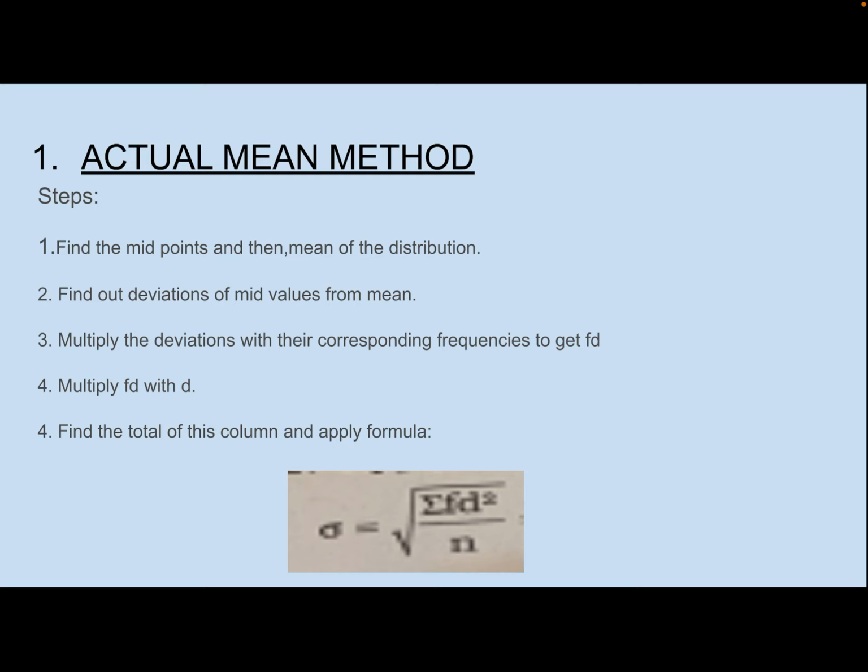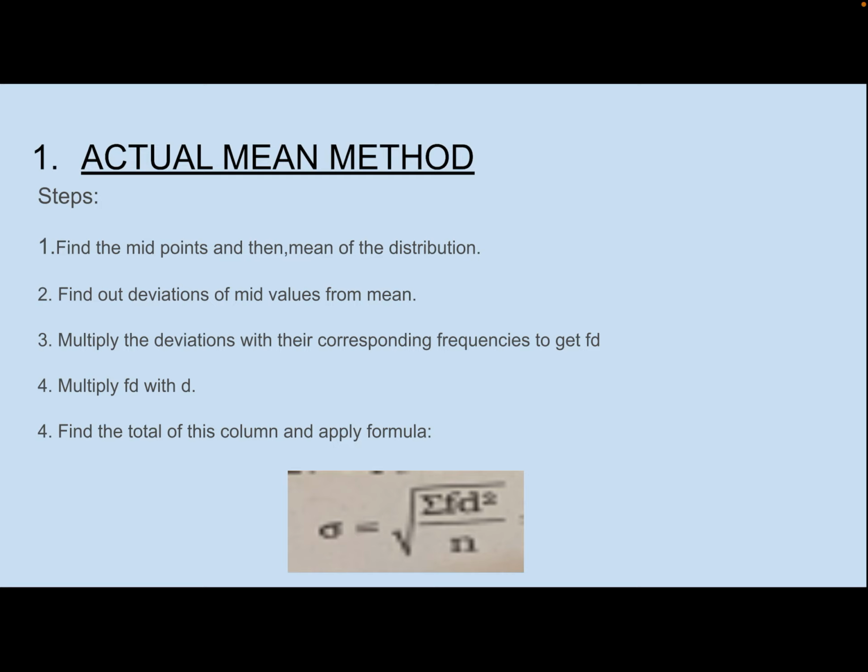So let's see the steps. Again, I told you, since it's an actual mean method, the very first step would be to find out the actual mean and then find out deviations from the actual mean. Once you have done that, the next step is to multiply the frequencies with the deviations to get the FD column.